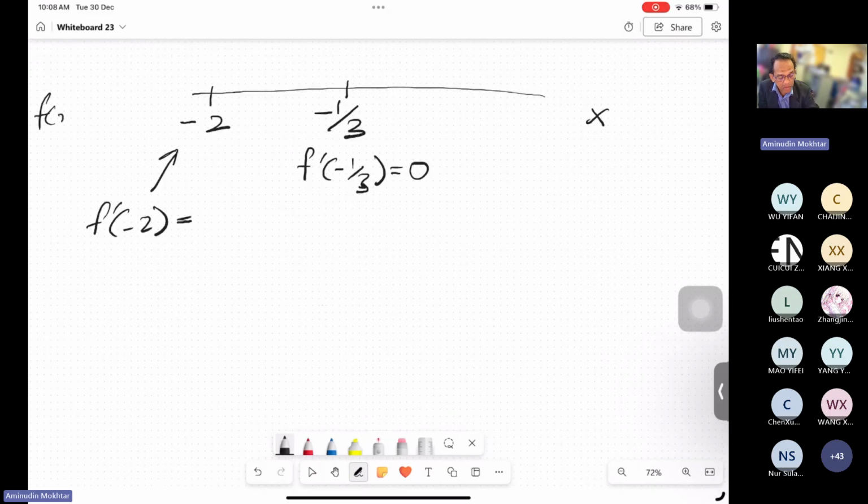The first derivative is 6x plus 2, so 6 times -2 plus 2.